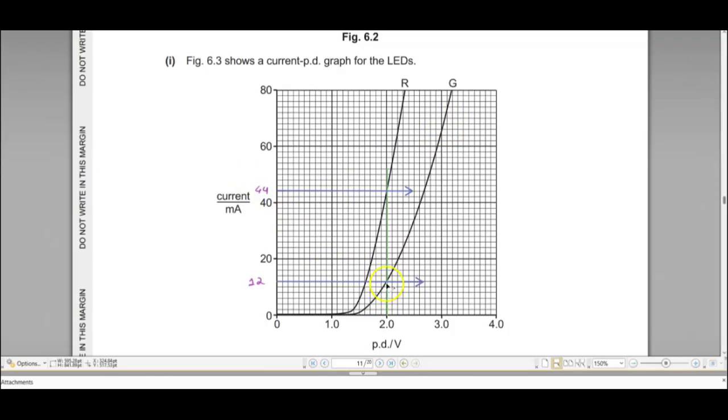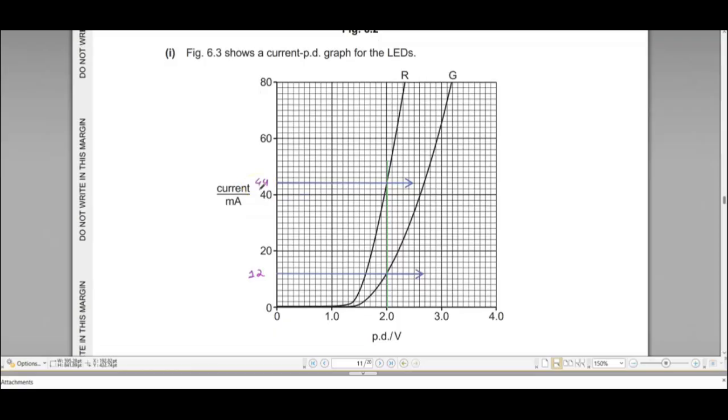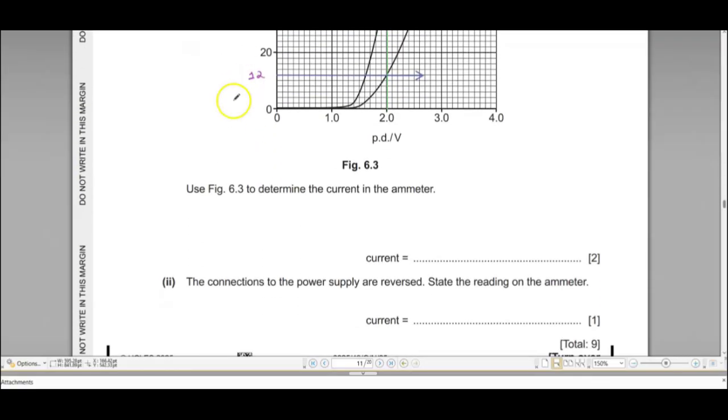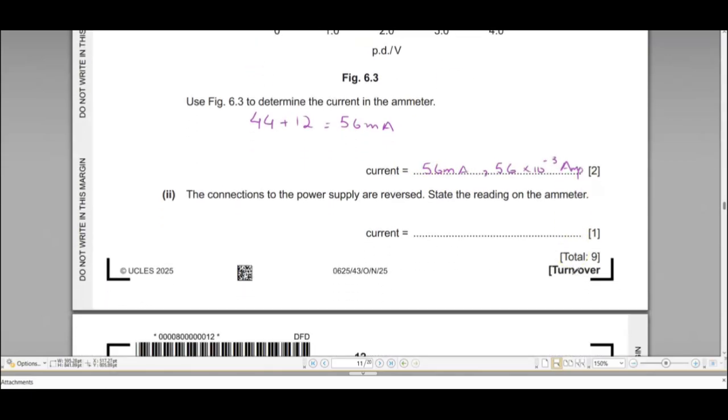So for the green one, the value for current would be 12, and for the red one, the value of current would be 44. All right. So if we want to determine the current in the ammeter, we are just going to add these two currents. That is going to give us 56 milliamperes. So we are going to write this, already straightforward.